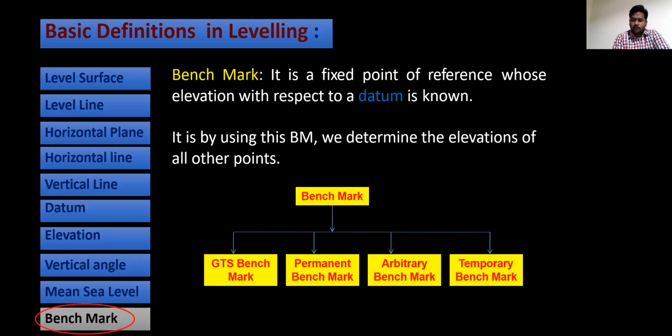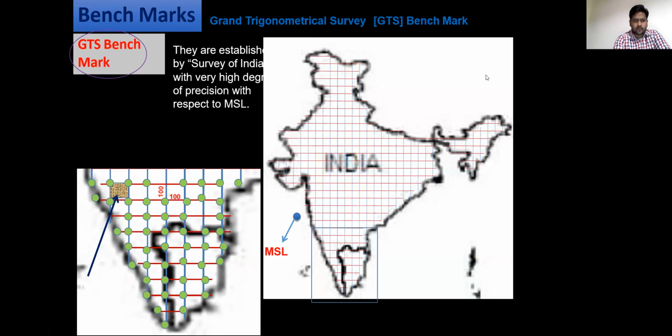I have told you in the previous class, the benchmark is a fixed point of reference whose elevation with respect to datum is known. It is denoted as BM. So we'll see now one by one what is GTS benchmark, permanent benchmark, arbitrary benchmark and temporary benchmark.